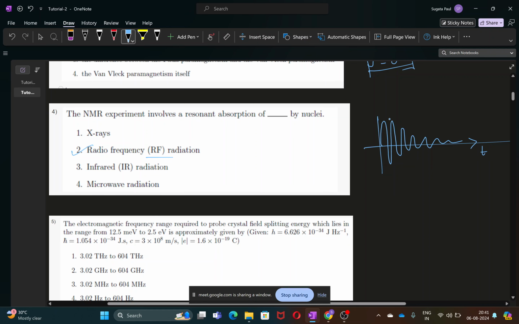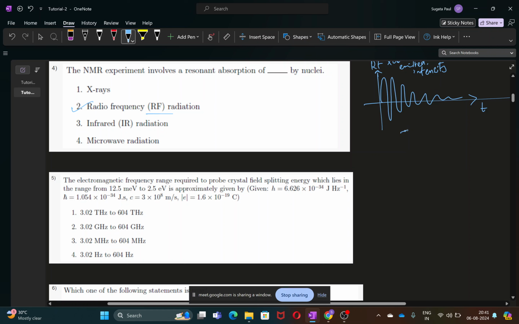So if you note the data over time, this is your RF radiation intensity that is emitted by the molecules. Then if you take a Fourier transform or FFT of this data, you will get a particular resonant frequency peak at a particular frequency. So this is the frequency axis, this is, let's say, F1.